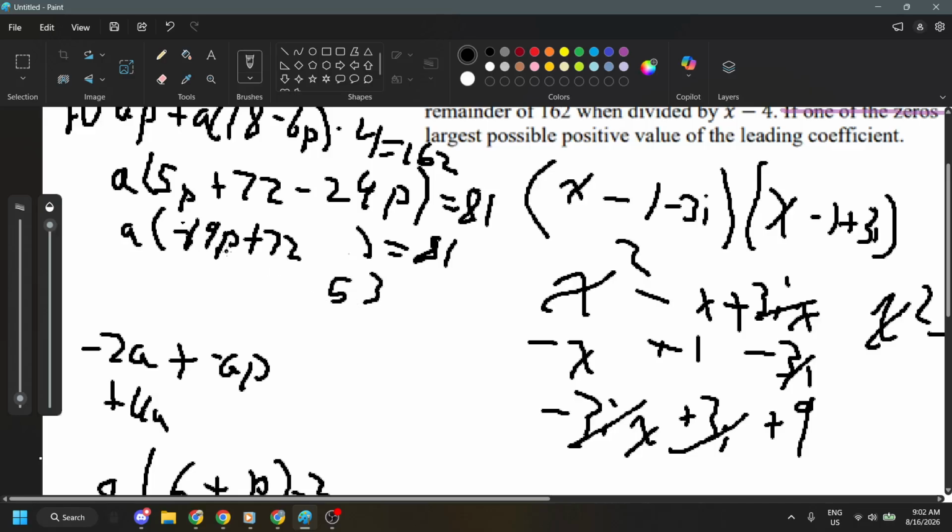This times 2 is going to give us 38. 72 minus 38 is 34.